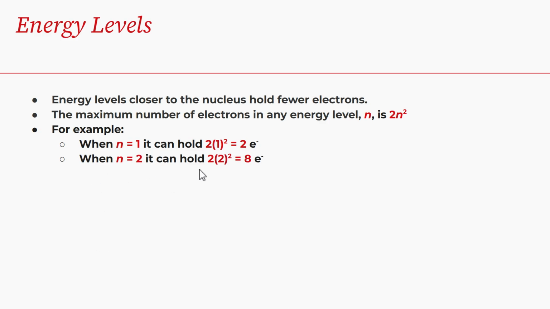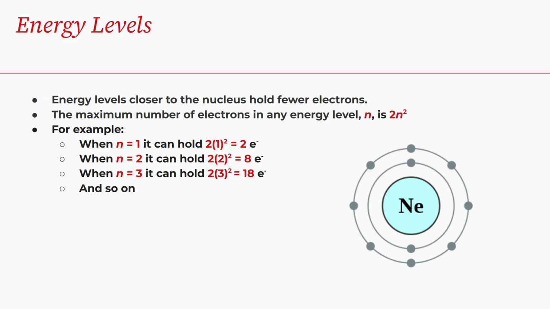When n equals 2, it can hold 2 times 2 squared, which is 2 times 4, 8 electrons. When n equals 3, it can hold 2 times 3 squared, 18 electrons, and so on. You can think about it in our Bohr-Rutherford diagrams. On the first energy level, you can put 2 electrons, and on the second energy level, you can have 8 electrons. So you've seen this idea before.